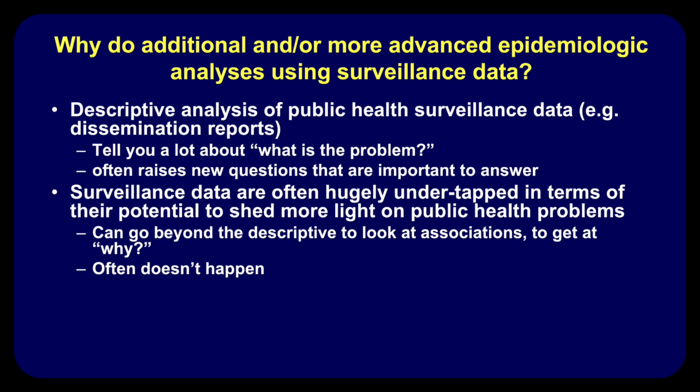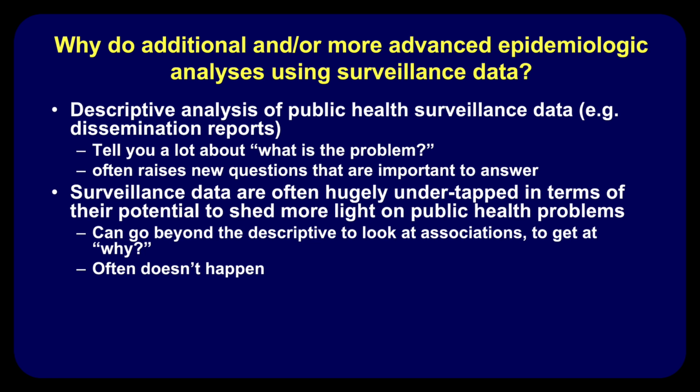Some of it relates to the descriptive analyses that we've been talking about, and these tell you a lot about what the problem is. But sometimes when you do these kinds of analyses, even when you identify risk factors, it can raise new questions that are important to answer. And sometimes these questions can be answered in whole or in part with the surveillance data that you already have. And so it's important to look for opportunities to use the surveillance data that way.